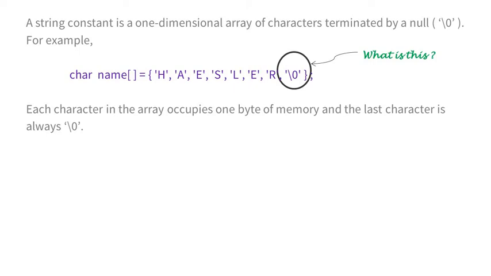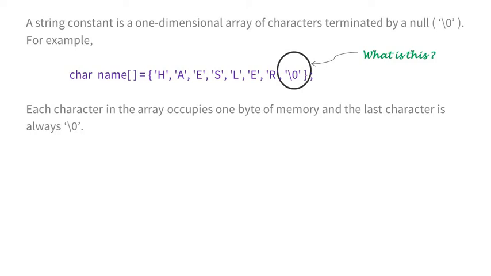As you know, if you declare an integer variable, it reserves 4 bytes of space in memory, and if I declare a single character variable, it will occupy 1 byte of memory.